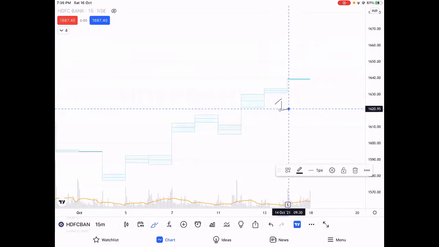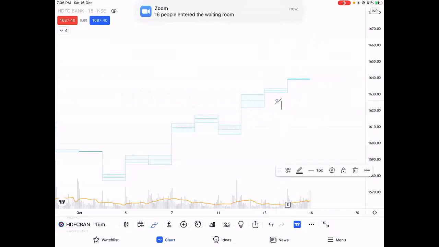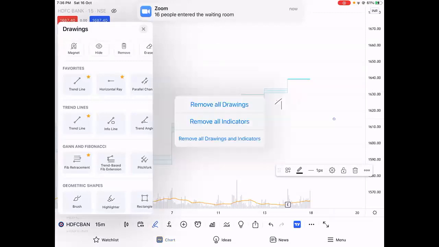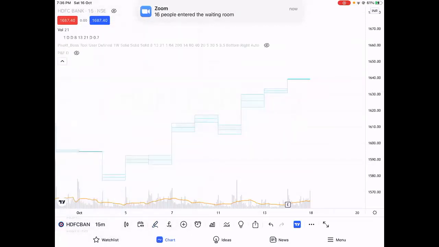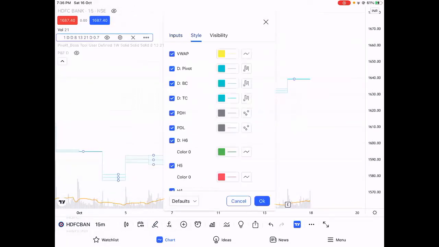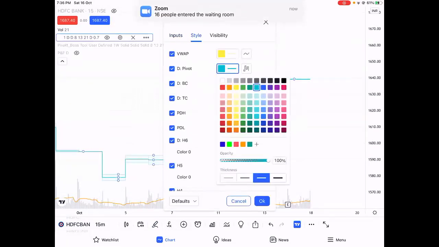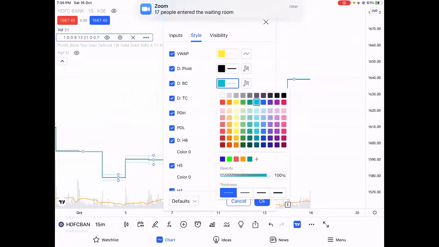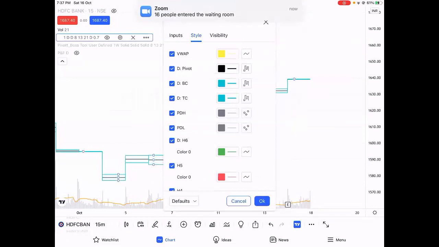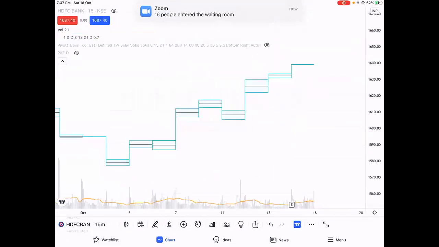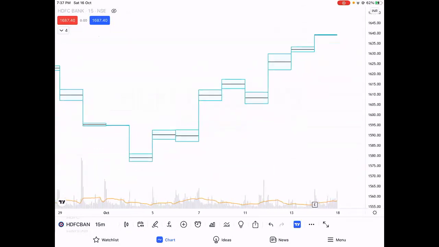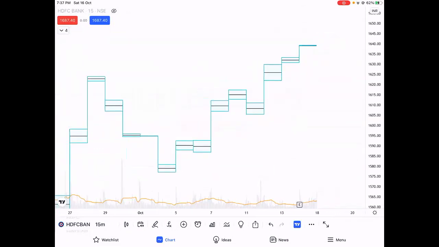Okay, you want me to dark this thing? Okay, yeah, because we cannot see on the our screen. Very light, very light. Okay, just a minute. Let me keep the pivot black. Is it fine now? Can you see it now? Yeah, very good, very good, very good. Thank you, thank you. Okay.